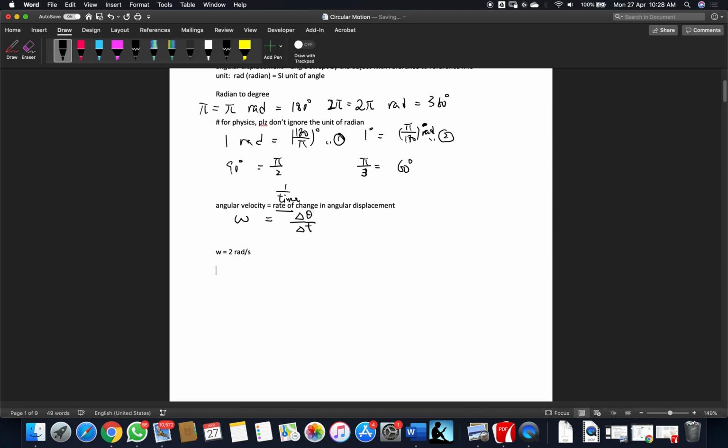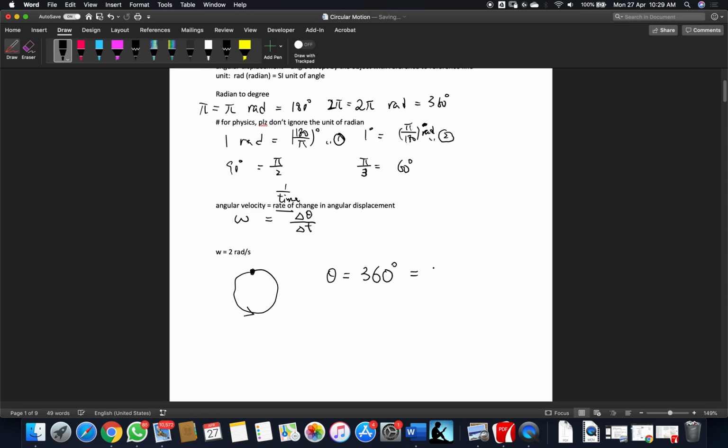Let's give you one more important formula. If an object moves from the initial point around a circle and then back to the initial point, so it moves a whole circle, at this time the angle displacement, in terms of primary school mathematics, is 360 degree.